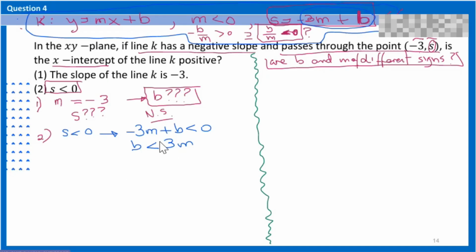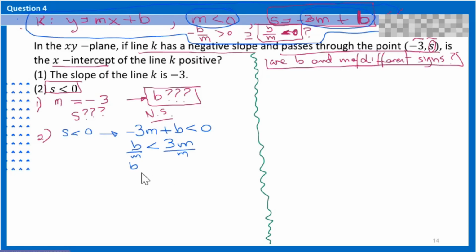People, can I establish or form the ratio b over m? Yeah, I could do that, right? If I just divide both sides of the inequality by m, the common factor. You divide here by m, I divide here by m, and then I form the ratio which relates to the question. But be careful, what is the sign of m? Do we know? Yeah, we know it's negative. So when you divide by a negative number, remember what needs to happen.